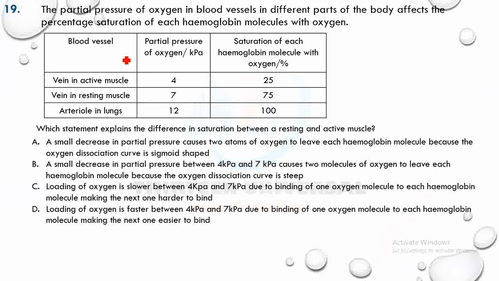Now the first one, A, says a small decrease in partial pressure causes 2 atoms of oxygen to leave each hemoglobin molecule because the oxygen saturation curve is sigmoid. Remember, explain the difference in saturation between a resting and active muscle.